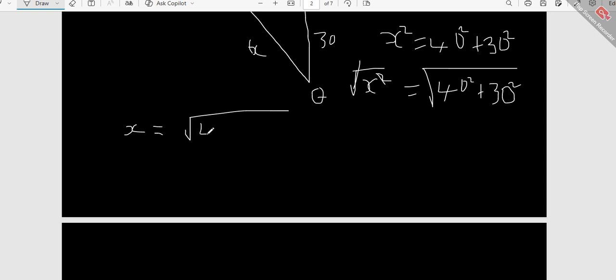If you use your calculator, the square of 40 is 1600, plus the square of 30, which is 900. Adding this will give 2500.